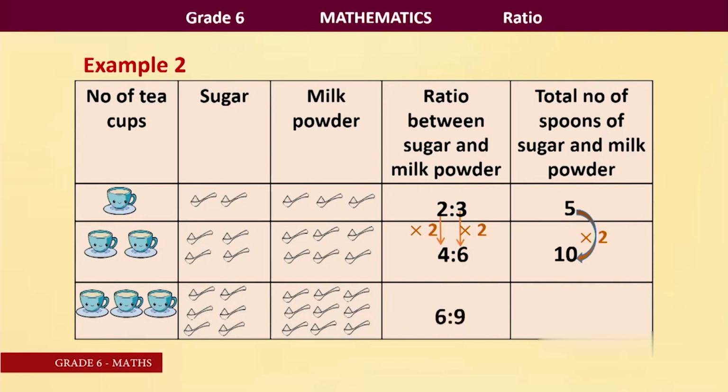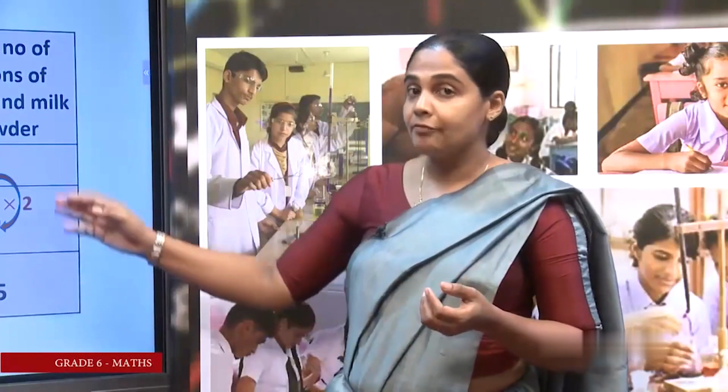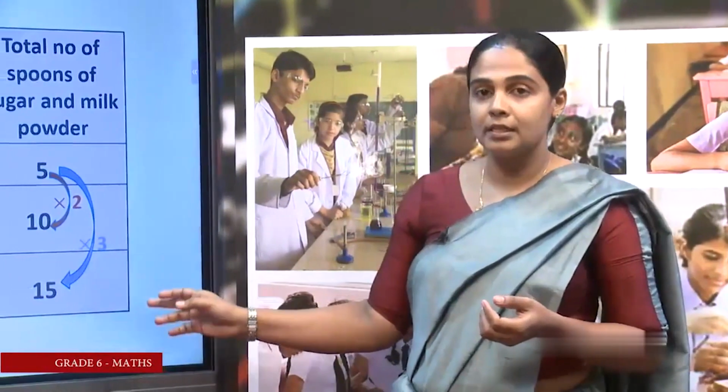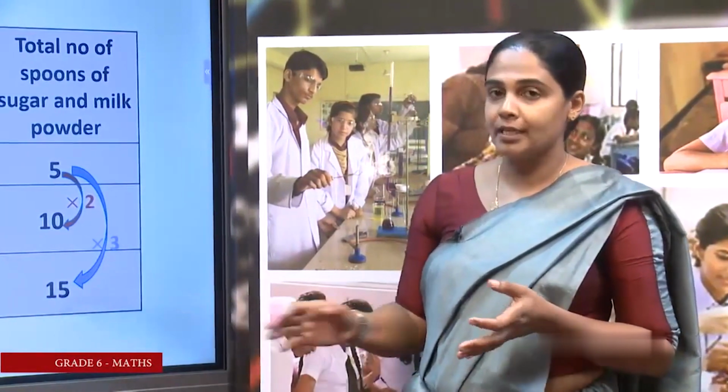The ratio is 6 to 9. Mathematically you can obtain it by multiplying by 3. Then the total is 15. You can observe 5 into 3, because you made 3 cups. 5 into 3 is 15. The total number of teaspoons is 15.